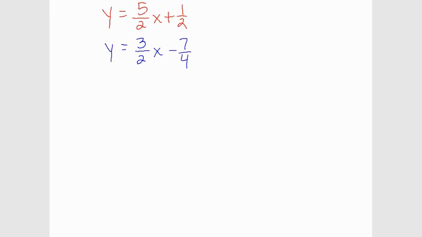Let's go ahead. I said I was going to use the substitution method because we've got y alone by itself, which means we can basically just set them equal to each other. So 3 halves x minus 7/4 equals 5 halves x plus 1 half. And now we've got a slope-intercept equals slope-intercept form situation.